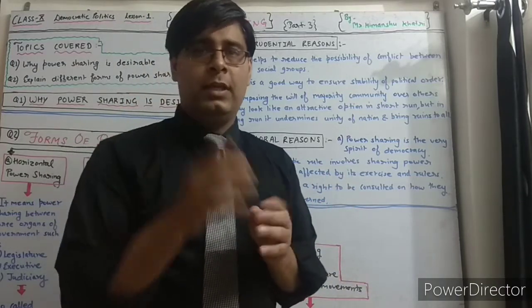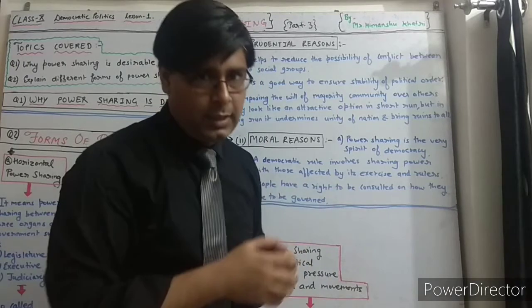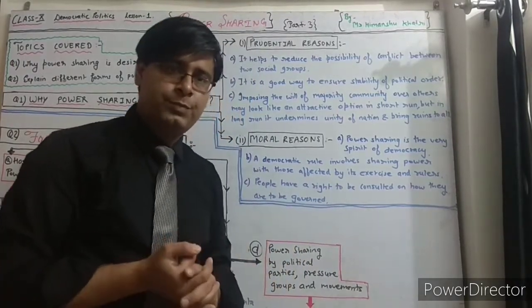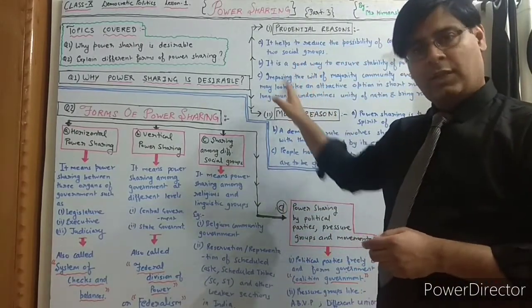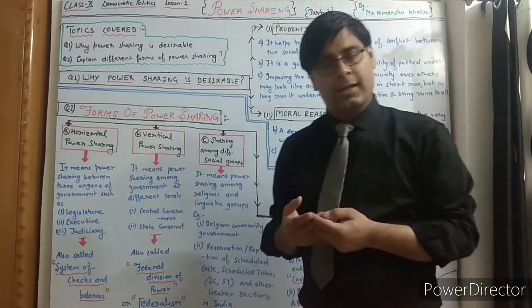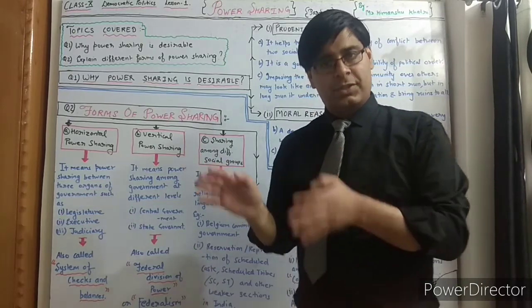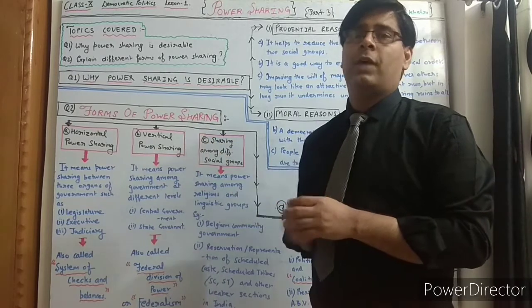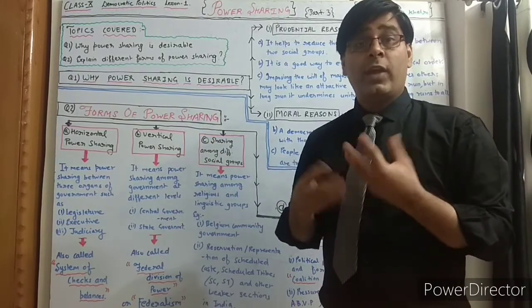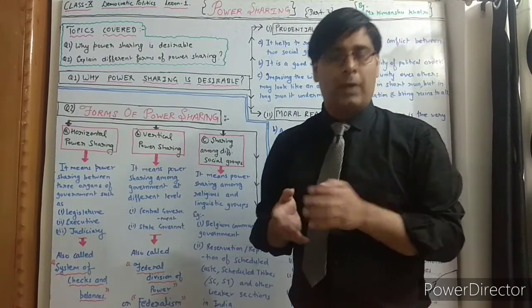Understood? Okay. Now next we'll start again. Okay. Thank you. चलिए. So this question is clear कि why power sharing is desirable. Now the last topic of this chapter is how many types या forms of power sharing is there. What are the ways by which we can share power?